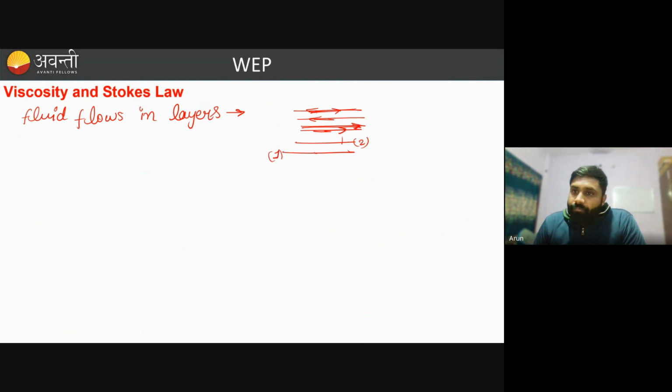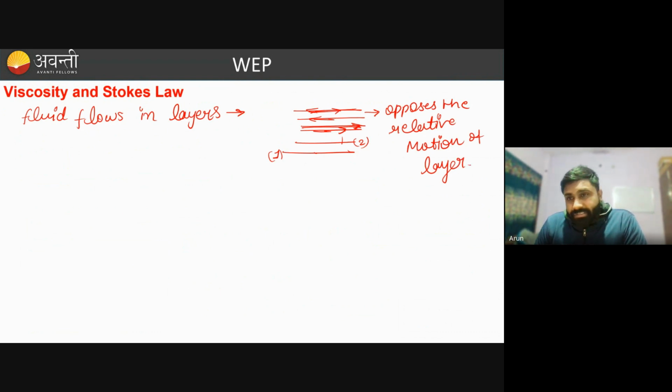Okay. And who is going to oppose the motion? Relative motion between them, the friction force. So layers oppose the relative motion of each other, due to which a frictional force arises in between them, and that frictional force is termed as the viscosity.